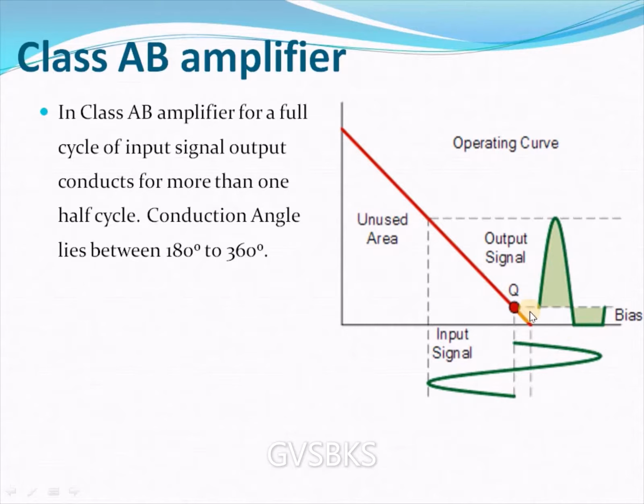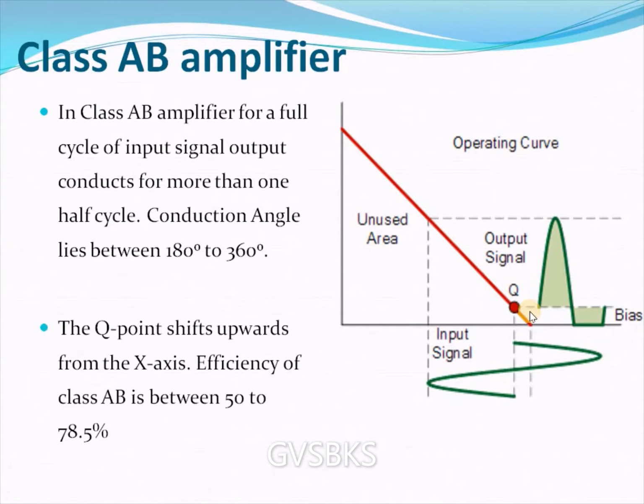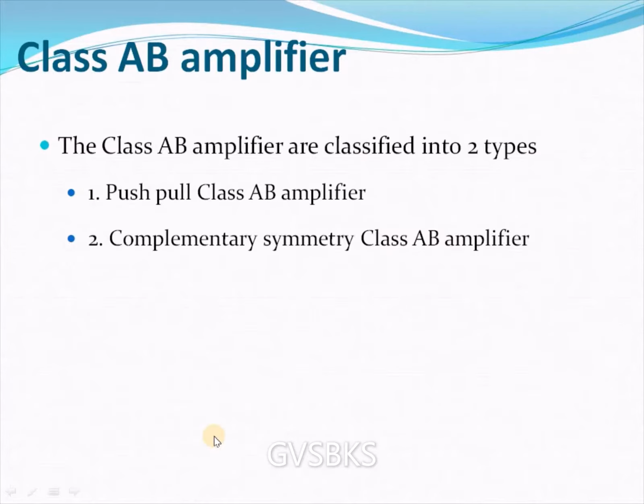The efficiency of the class AB amplifier can be given as 50% to 78.5% because the class AB type of amplifier is a combination of class A and B. The maximum efficiency is more than class A type and equal to class B type. Okay, this is about class AB type of power amplifier.